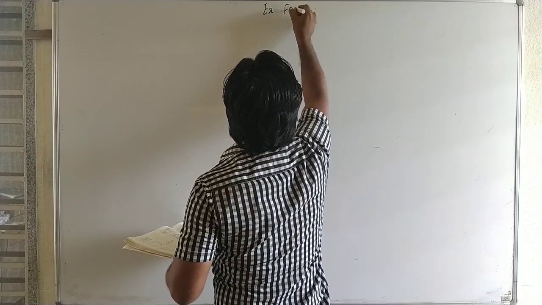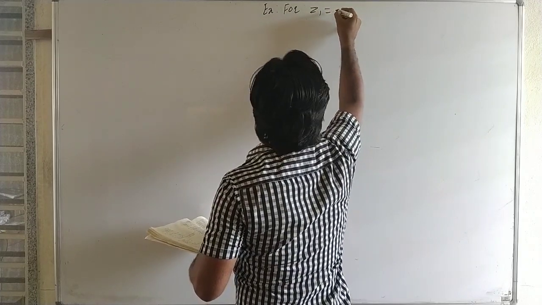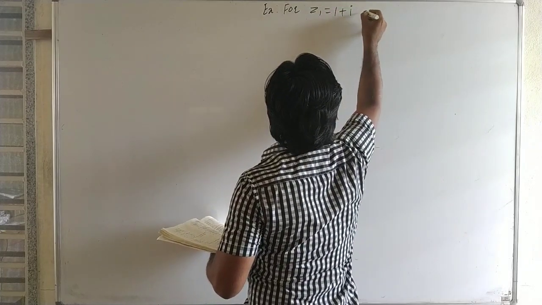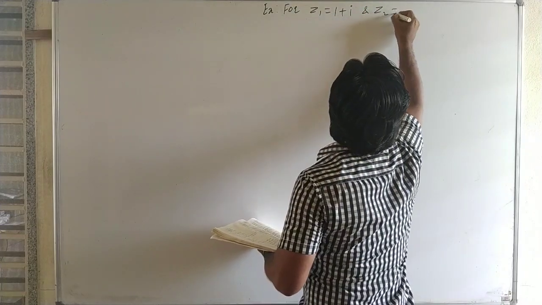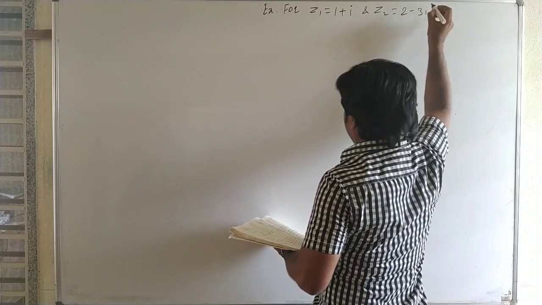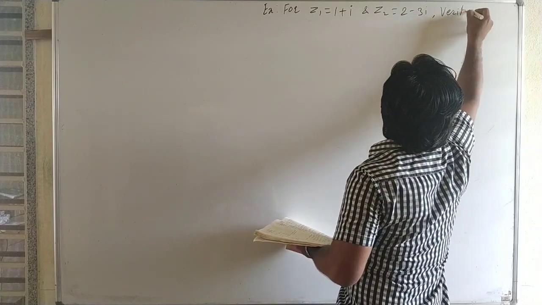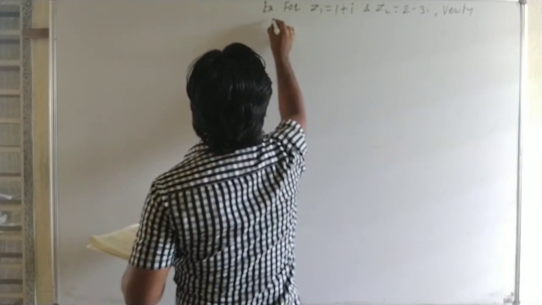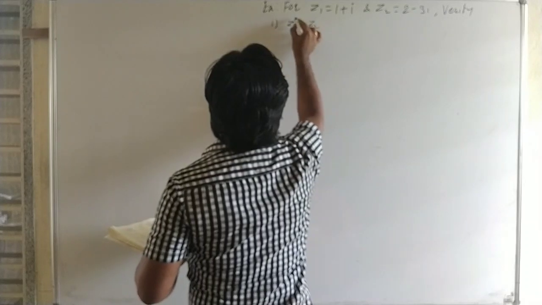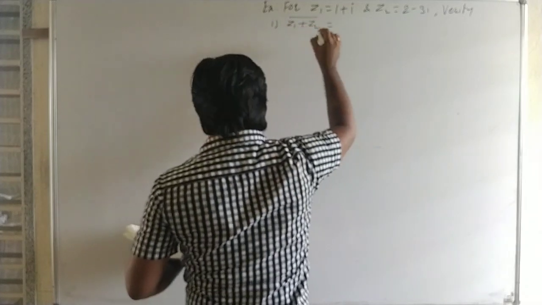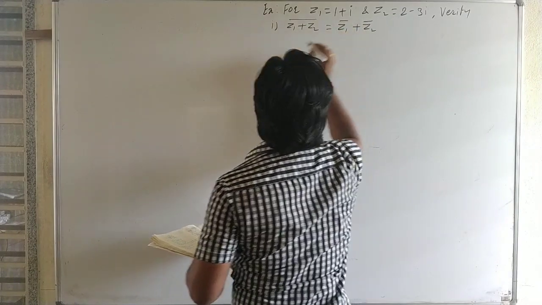Next, for z1 is equal to 1 plus i and z2 is equal to 2 minus 3i, then verify the following. Number 1, conjugate of z1 plus z2 is equal to z1 bar plus z2 bar.